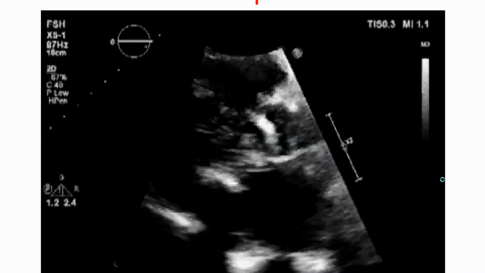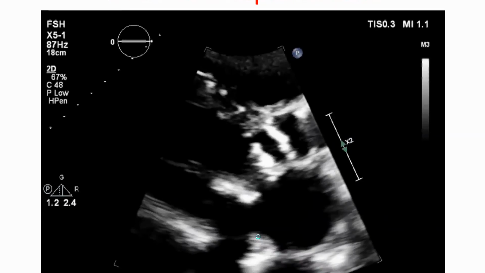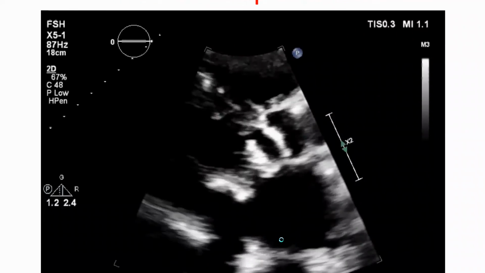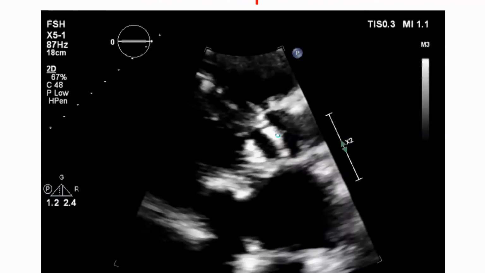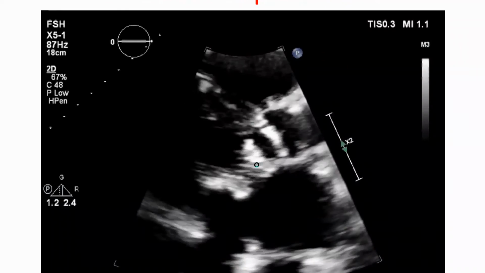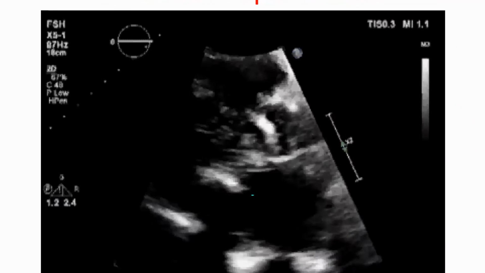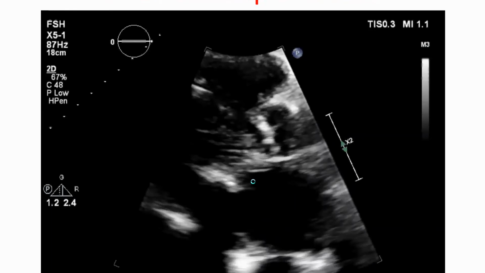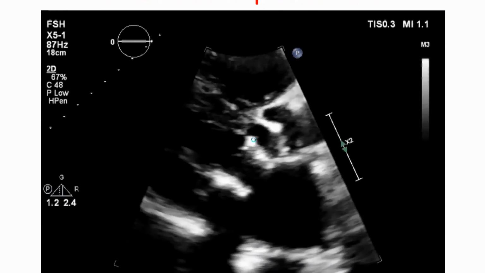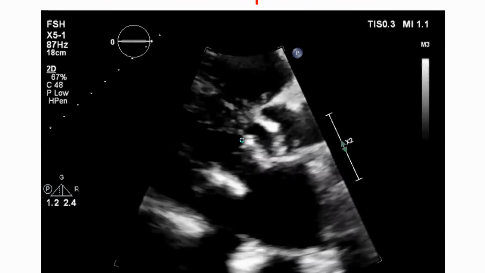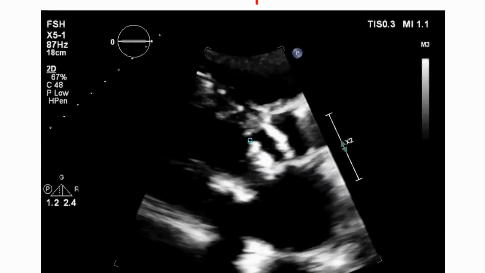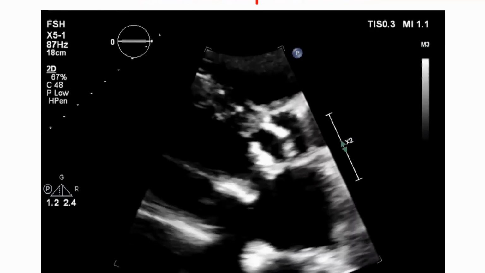And here's another case. This one is a guy who's got aortic stenosis and had a TAVI actually put into his mitral valve. And you can see, you wonder how any flow is going to get through that. It looks like it's completely blocking the LVOT.